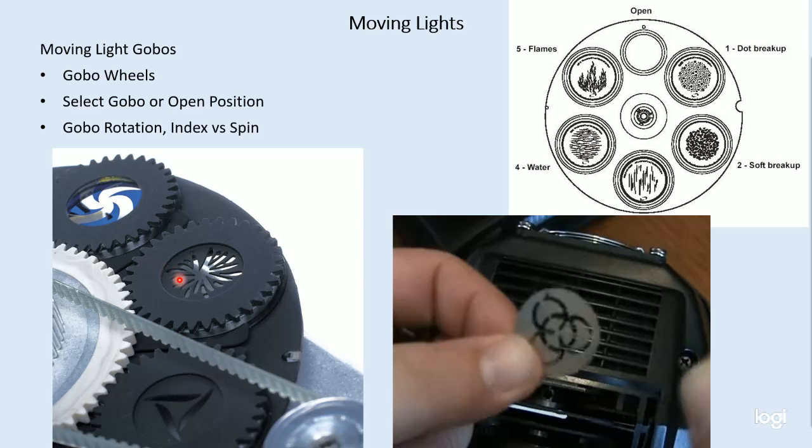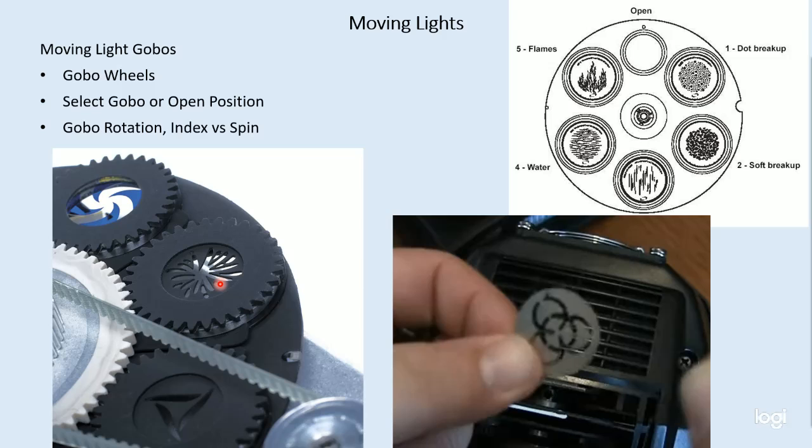One is called index, and when we index a gobo, that means that we adjust it until it's at a specific angle, and we record that angle into the cue. Now, every time that moving light goes to that cue, it's going to spin that gobo to that angle and then repeat it.